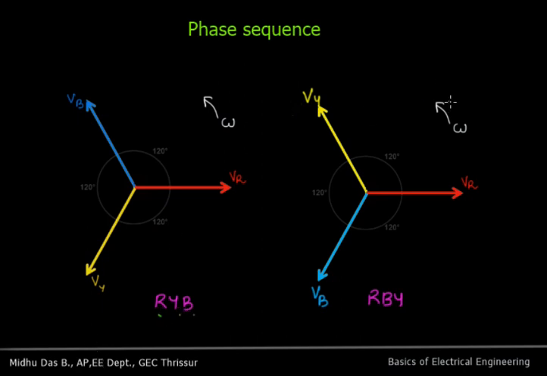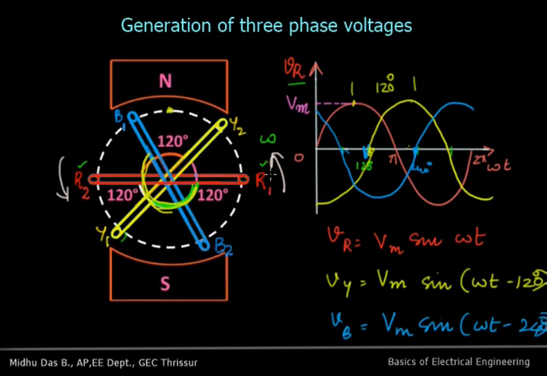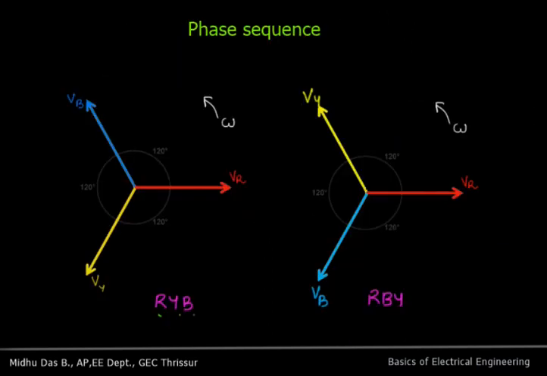What will happen if you change the direction of rotation? If you change the direction of rotation of this particular coil, instead of the anti-clockwise rotation, if you change the direction to clockwise, the direction of induced EMF in the coils will change.